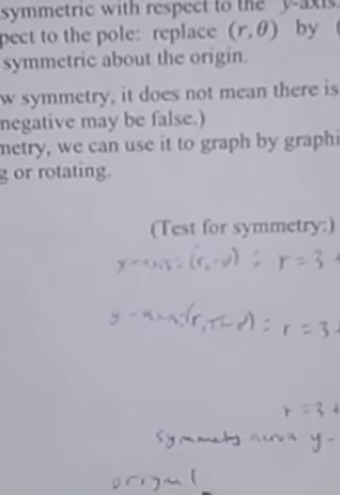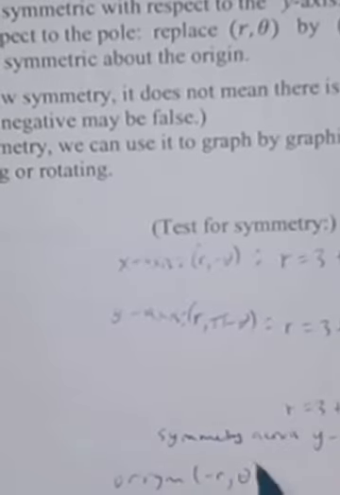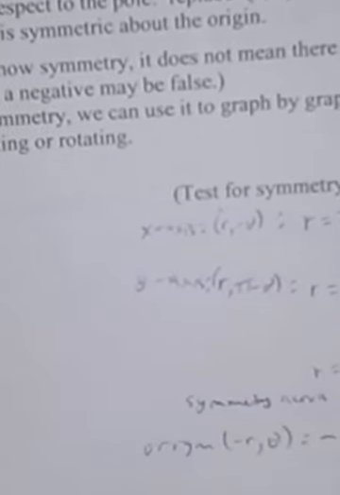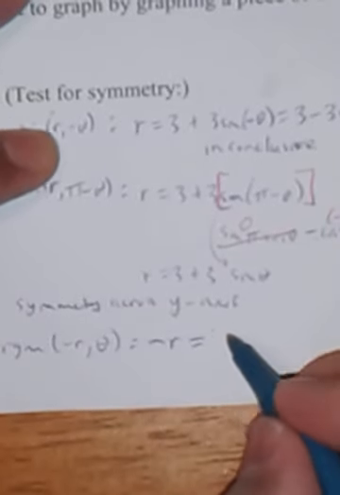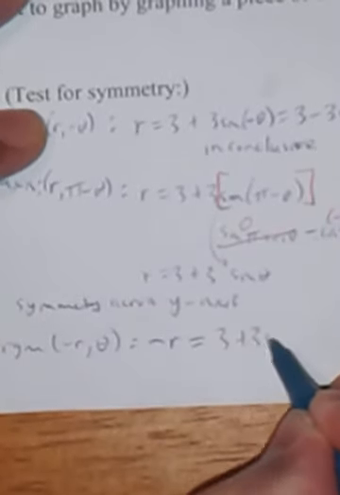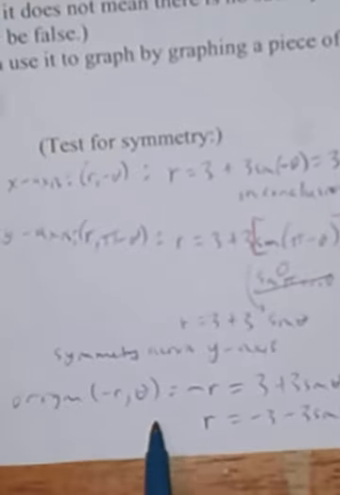We replace (r, theta) with (negative r, theta), and our equation would look like this: negative r equals 3 plus 3 sine theta. If we multiply by negative 1 to solve for r, we get r equals negative 3 minus 3 sine theta. And that's not the same as 3 plus 3 sine theta. So we don't see symmetry about the origin.